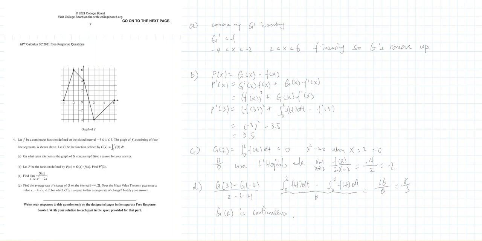And since g of x is differentiable because it has a value for the derivative, we use the mean value theorem, which suggests that g prime of x will happen to be some value that equals this average rate of change, which is also equal to 8/3.